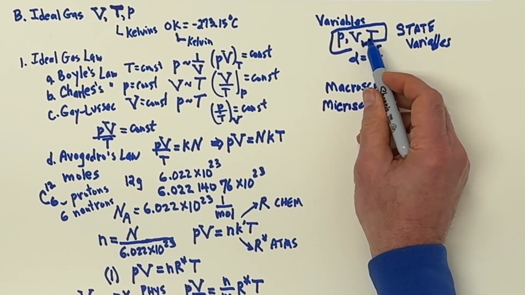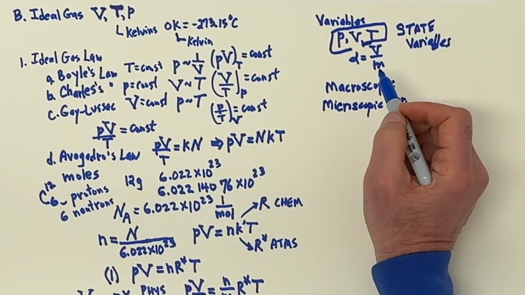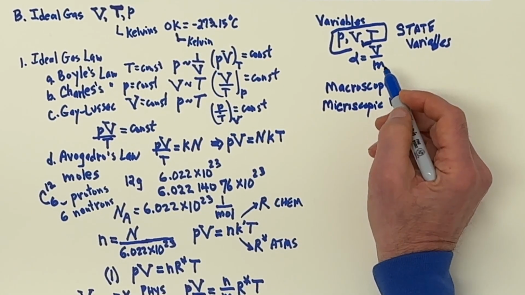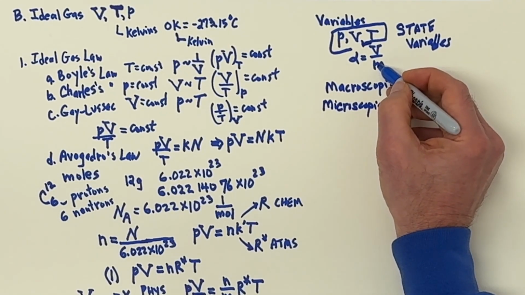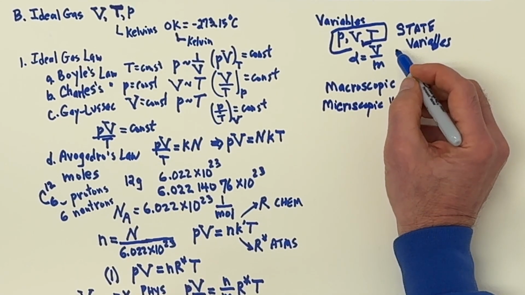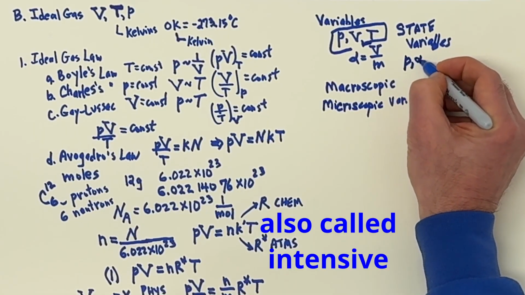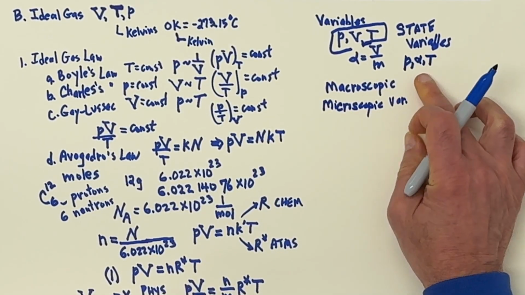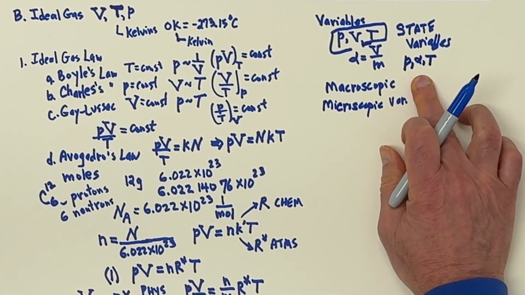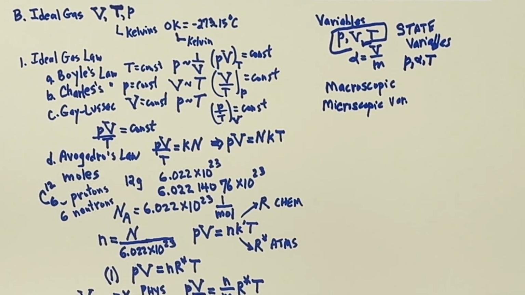Now notice that the volume is not an intrinsic variable. You have to divide by the mass of the gas. And then you would have the intrinsic variables that here don't depend on how much gas you're looking at, since if you look at more gas, you'll have more volume.